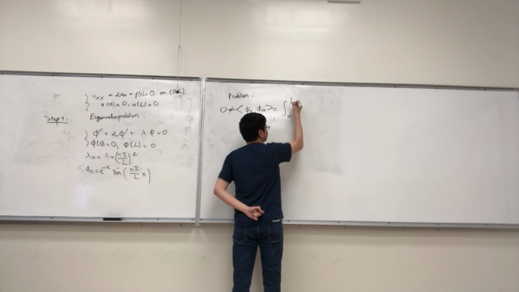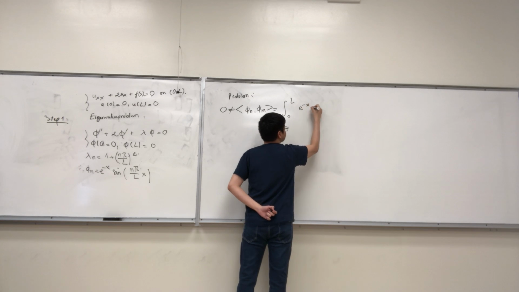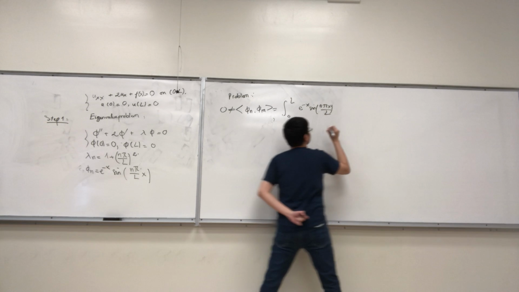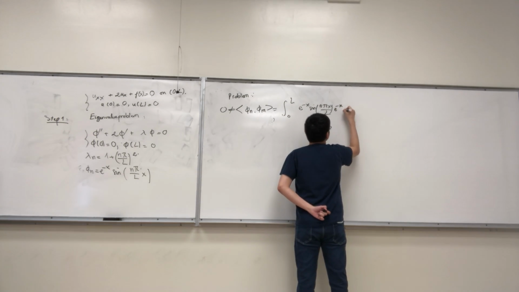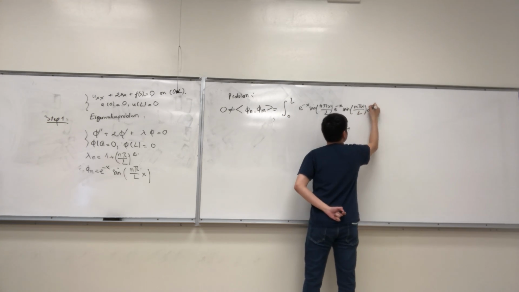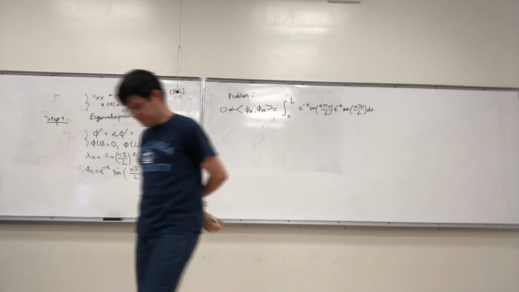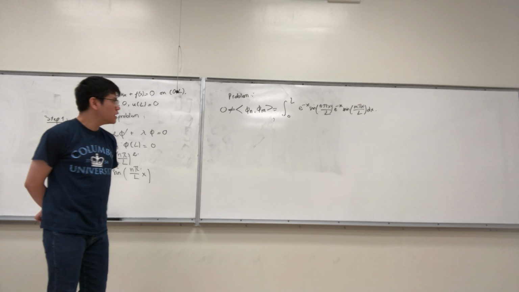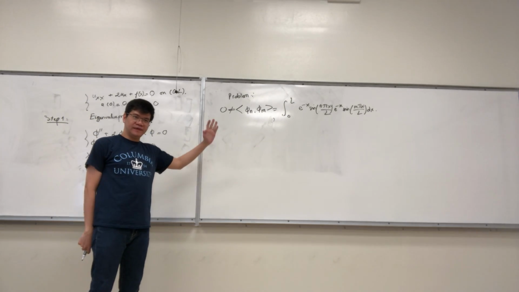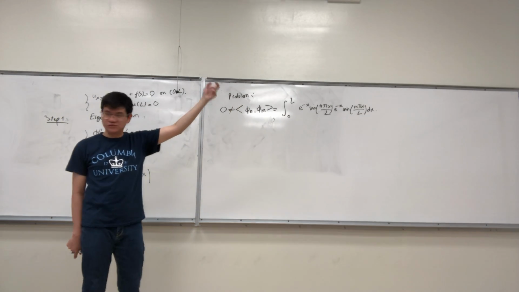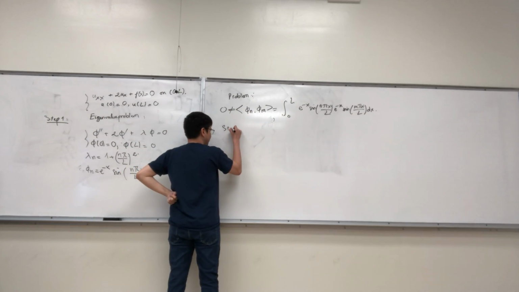This is the integral from 0 to L of e to the minus x sine of n pi x over L times sine of m pi x over L dx. So the problem is that after you found the eigenfunctions, the eigenfunctions are not orthogonal.